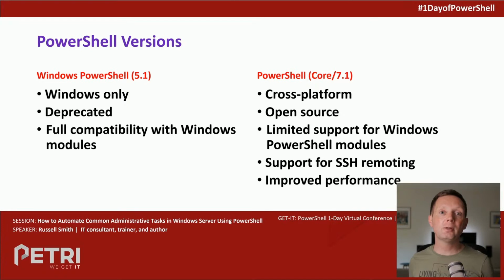The advantage of using this version, not only is it cross-platform because it's based on .NET Core, it also has better performance and support for secure shell, which is really useful if you need to remote into Linux servers, of course. The disadvantage of using PowerShell 7 is that there isn't full support for all Windows PowerShell modules. A lot of them do have native support in PowerShell 7, but quite a few of them don't.